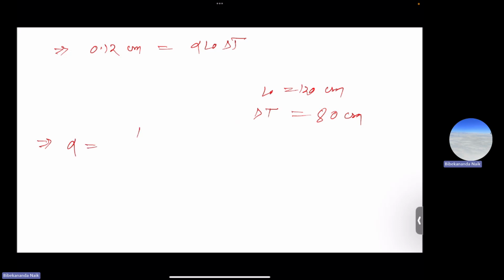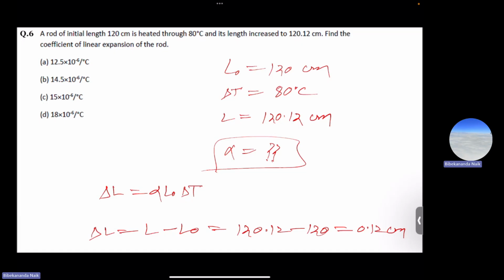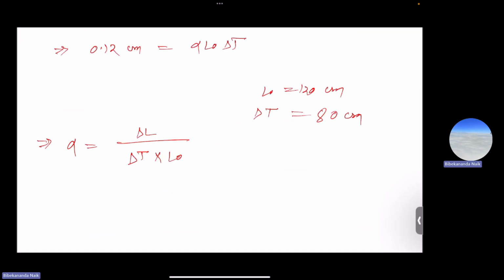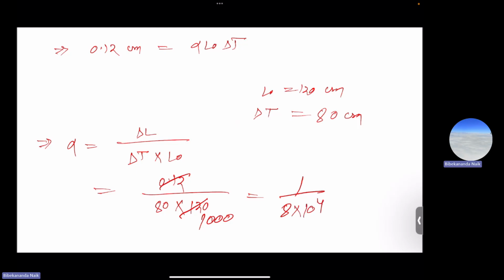So what is alpha? Alpha is delta L divided by delta T into L0. So delta L is 0.12 divided by delta T, which is 80, into L0, which is 120. If you calculate, 0.12 by 120 is 1 by 1000, so it is 1 by 8 into 10 to the power 4.